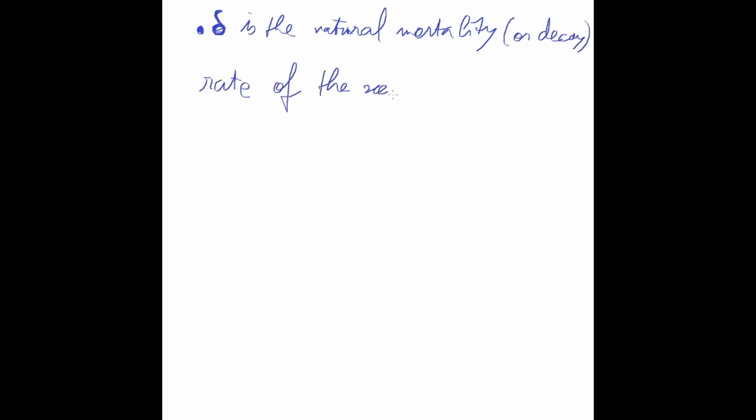Delta is the natural mortality or decay rate of the xenomorph in the absence of prey.